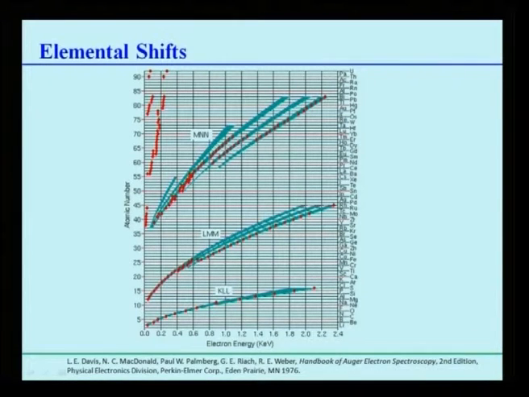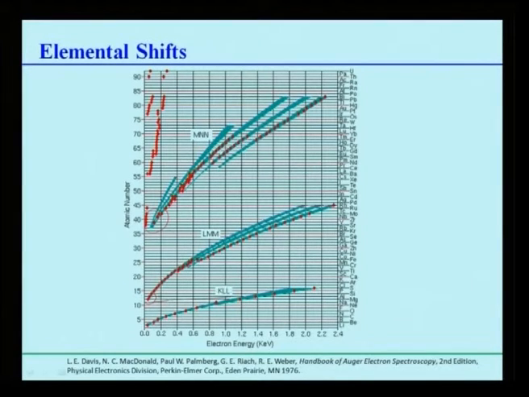Only when the atomic numbers of the elements are higher than 16 and lower than about 45, you have basically LMM transitions, and there is a small overlap obviously between LMM and the KLL transitions. Similarly, there is a small overlap between MNN and LMM transitions also, but MNN transitions occur mostly for elements with a very high atomic number, more than 45 and less than about 83.